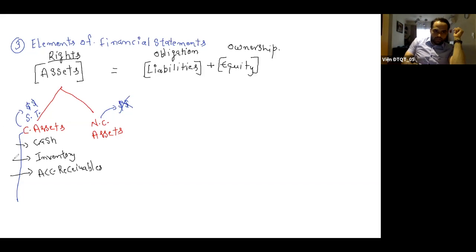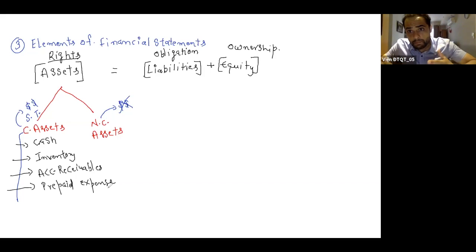And third one is prepaid expense. Any kinds of expense you already paid in advance, that becomes your assets. Why? Because when you pay in advance, you have a right to use it.